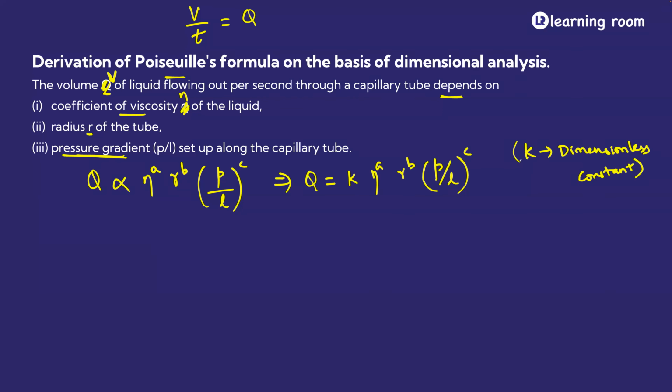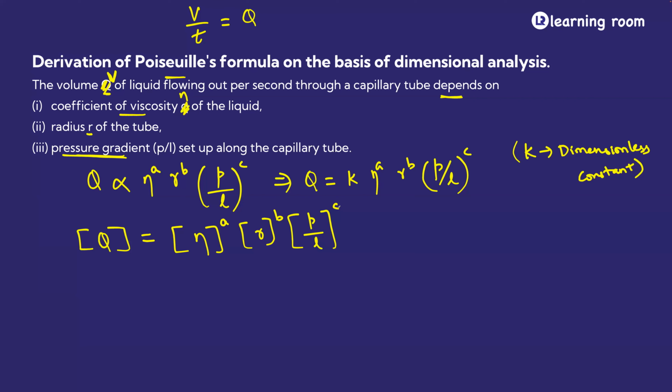Okay. Now tell me one thing. If this equation has to be consistent dimensionally, then what should happen? Both sides should have the same dimension, right? So the dimensional formula of Q should be equal to the dimensional formula of eta raised to the power A, the dimensional formula of R raised to the power B, and the dimensional formula of P by L raised to the power C. Am I clear?